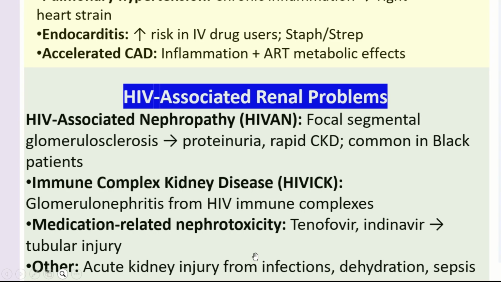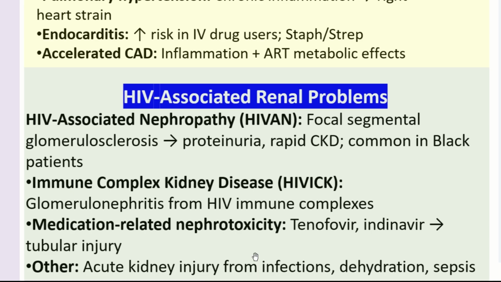Then we have the HIV-associated renal problems, and these are going to include HIV-associated nephropathy, where we shall have a focal segmental glomerulosclerosis leading to proteinuria, and we get a rapid CKD, and this is going to be more common in Black patients.